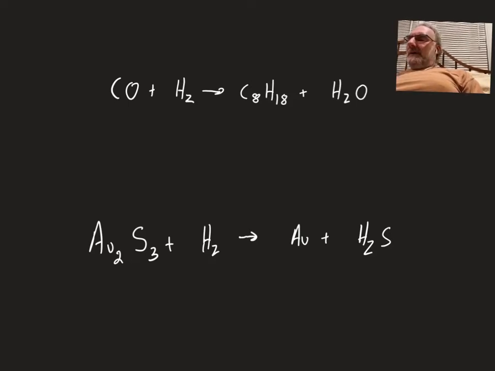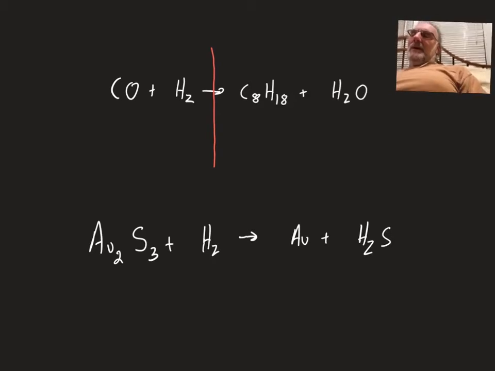So our first example here is carbon monoxide, which is a gas, plus hydrogen gas, yields as a product octane, this stuff you would find in gasoline, plus water. The way that I learned how to do this years ago was to put a line down the center of the equation, and then list the elements in the following order, starting out with metals, and then non-metals, and then finally oxygen and hydrogen.